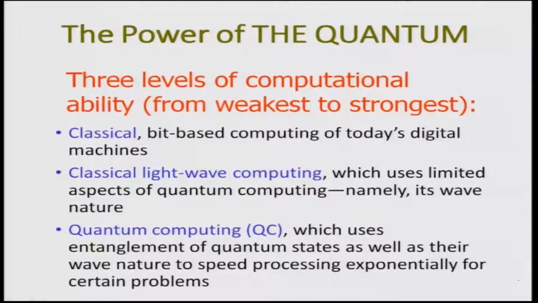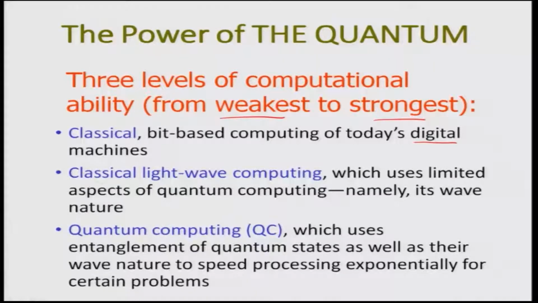The power of the quantum in this sense can be looked at as three levels of computational ability, from the weakest to the strongest. One is simple classical bit-based computing, which is today's digital machines, which also use optical technology quite a lot in storage, transfer, and in some cases even computing.